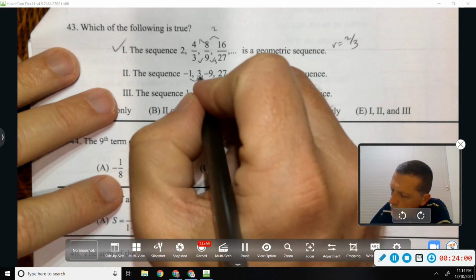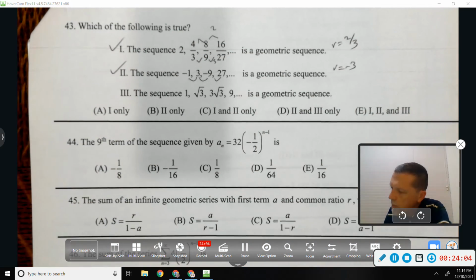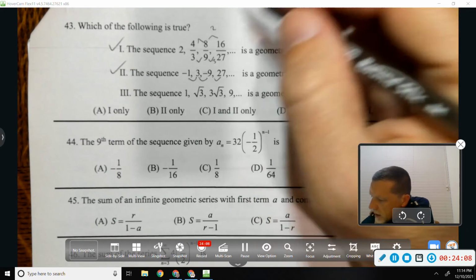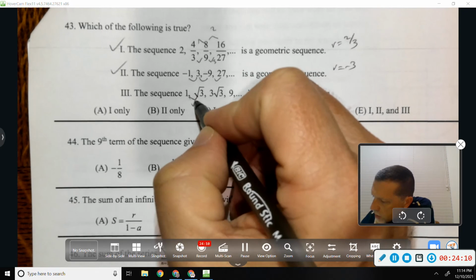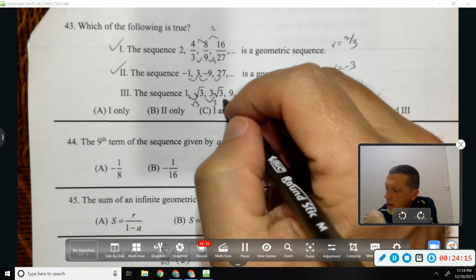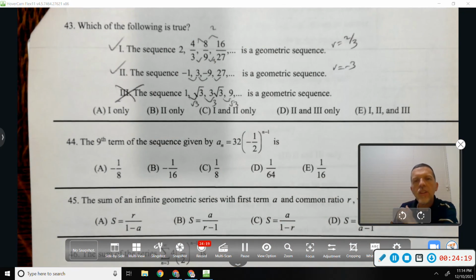This one looks like we multiply by -3. So that one's true. This one, it looks like we're multiplying by square root of 3 there, but times 3 there, and square root of 3 there. So that doesn't have an r. It doesn't have a good, consistent r. So 1 and 2 only.